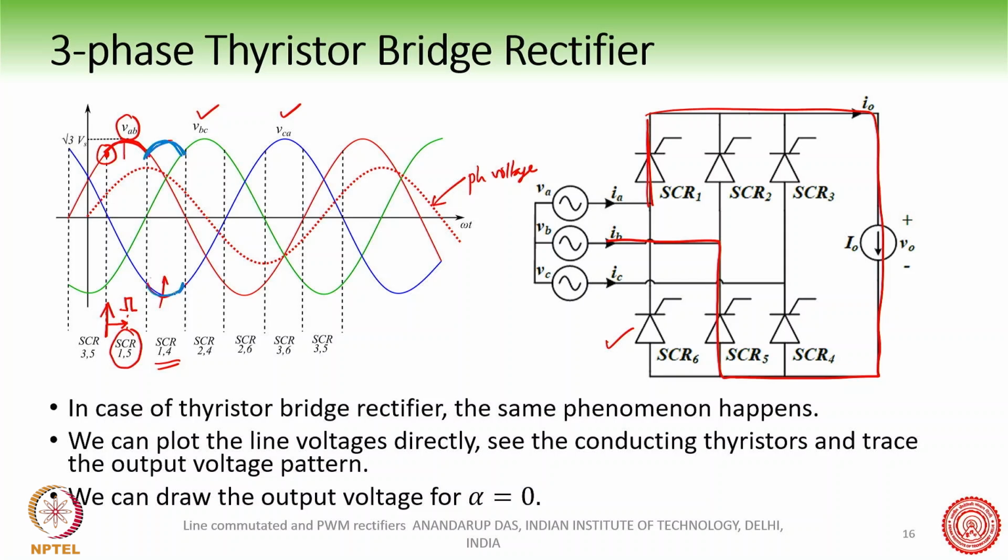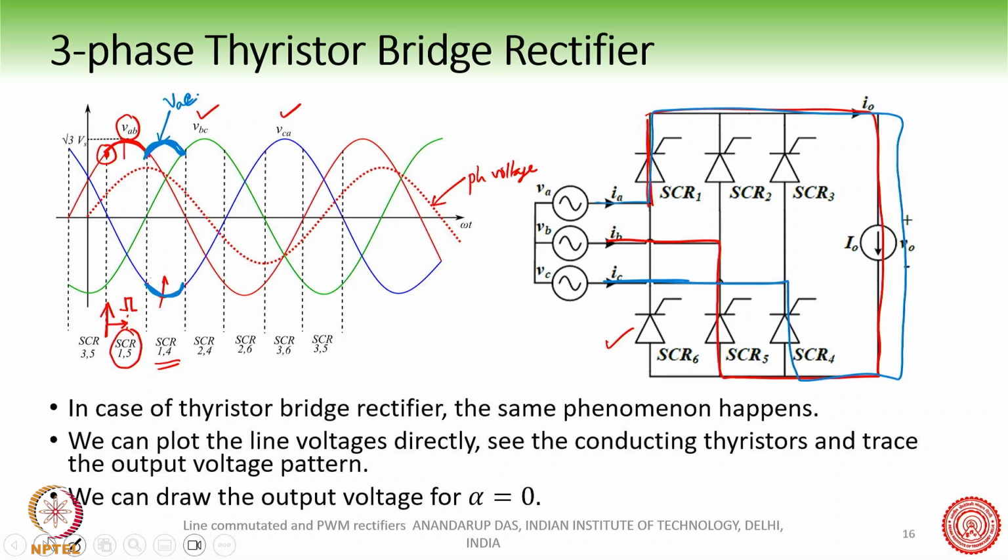Therefore 1 and 4, so this voltage is VAC. This is the voltage which will come here, and so on.